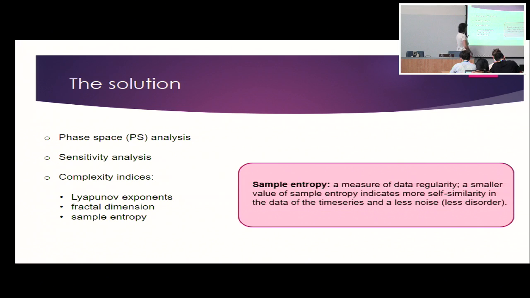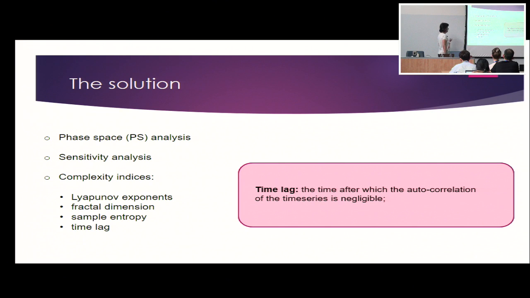Then I have sample entropy, another important index that is measuring the noise, essentially, in my dynamics. Low sample entropy means that my trajectory is not so noisy. Then I have time lag. Time lag is essentially the time after which the autocorrelation of my time series becomes negligible.